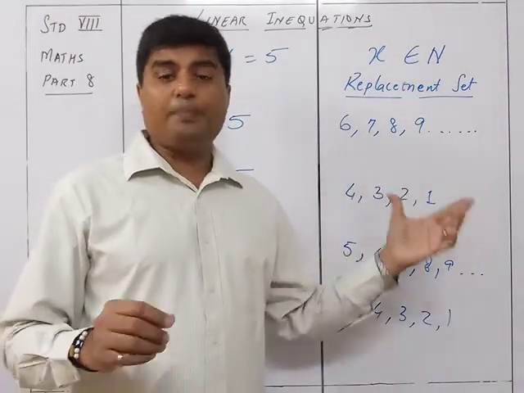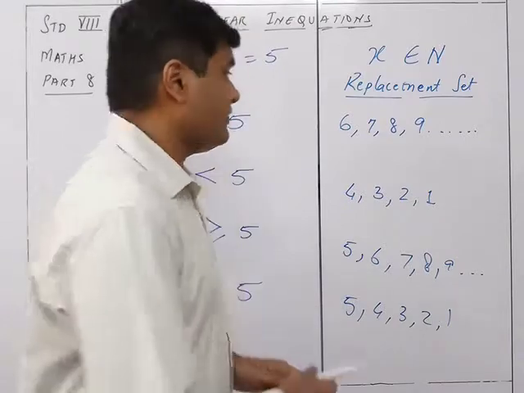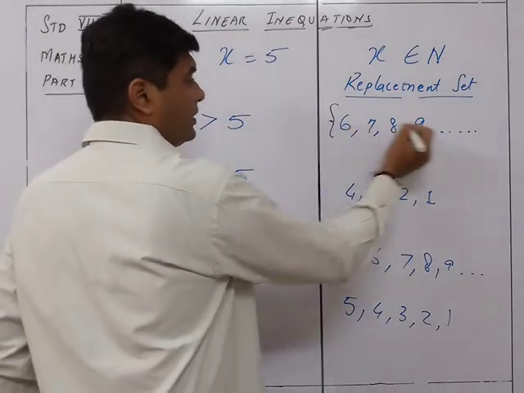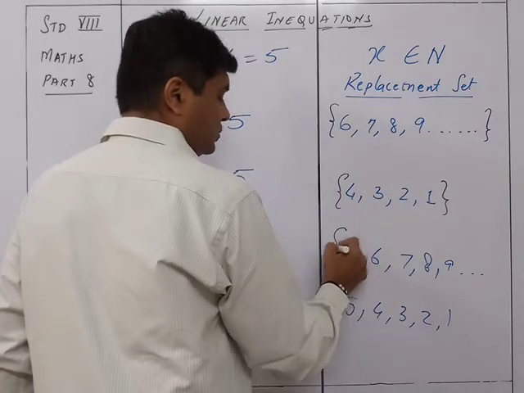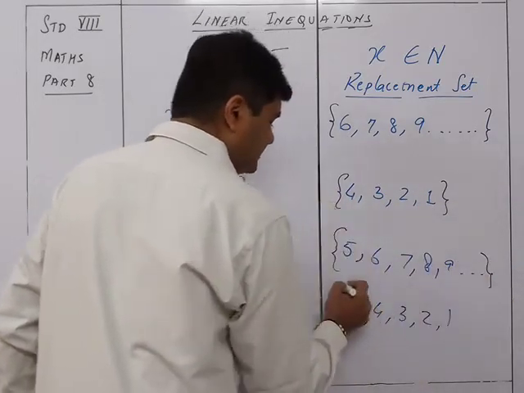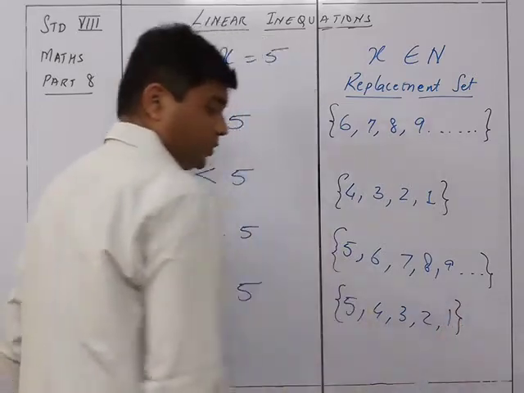So this is a replacement set. Of course it's a set, that's why we'll have to write it in the form of curly brackets to show that this is nothing but a set. So this will be the replacement set for the given question.